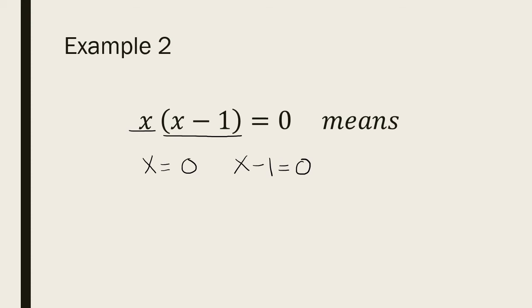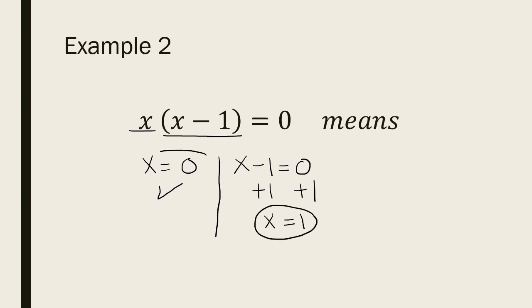So I'm going to solve this quadratic. The first one is solved, x equal to 0, and the second one I need to solve by adding 1 to both sides, and I'm going to end up with x equals 1. So we have two solutions. We have x equals 1 and x equals 0. Two solutions, two roots, two x-intercepts.